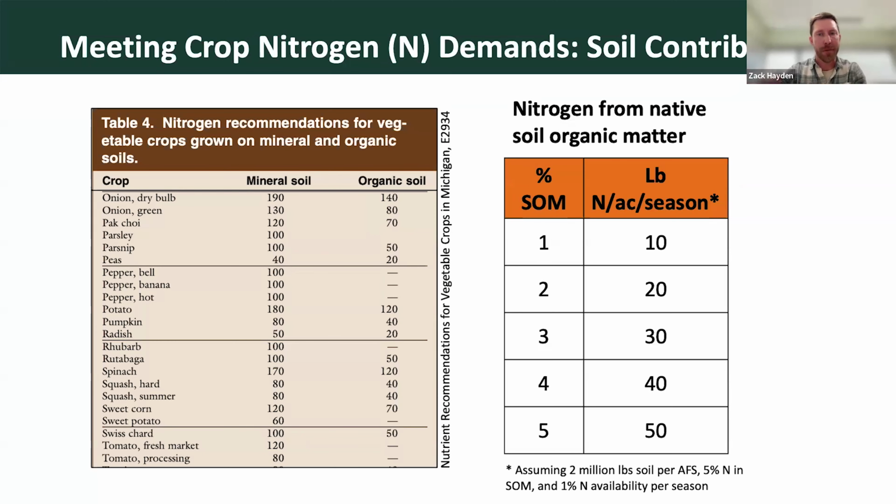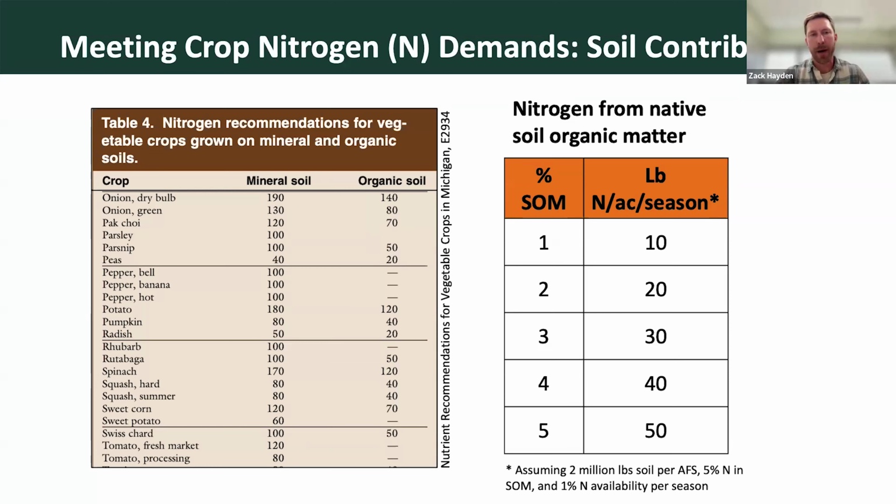And that's going to vary depending on what your soil type and conditions are. But it's notoriously hard to predict. So we take a pretty conservative approach here and say, let's say you can expect about 10 pounds of nitrogen coming from each percent of organic matter in your soil.